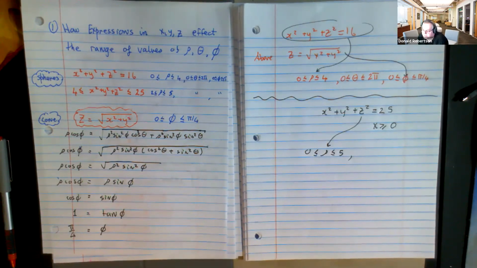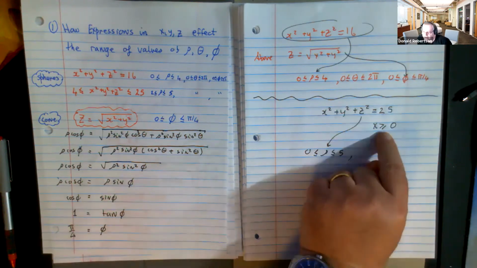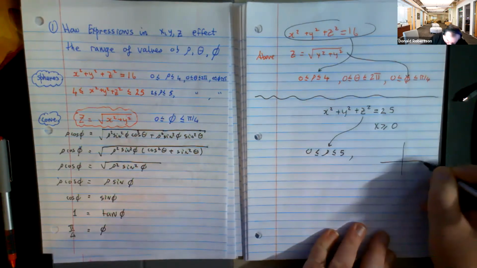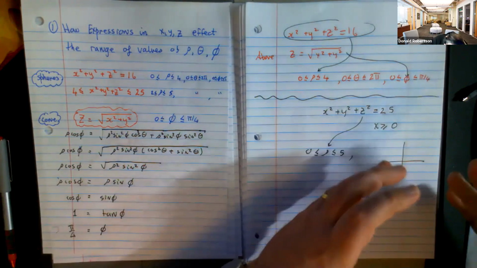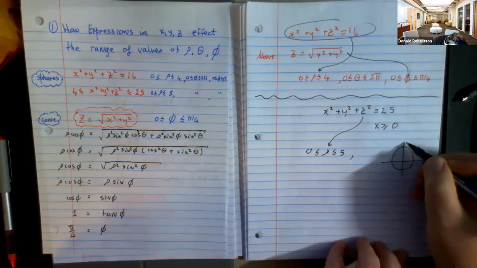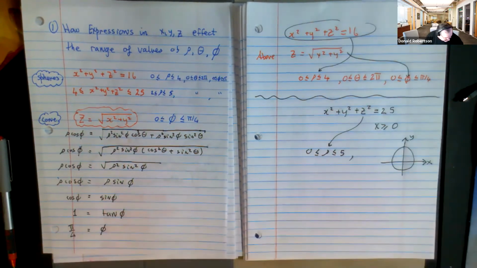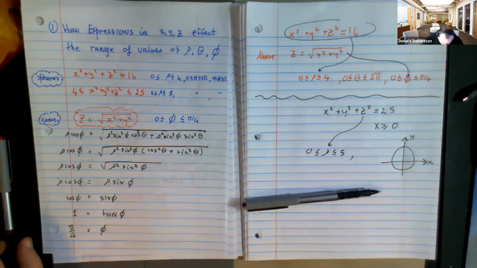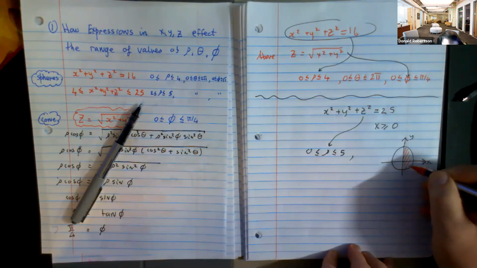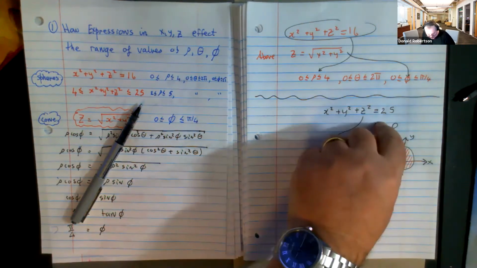Agreed? Now, what's an x greater than or equal to 0? You have to imagine that you're talking about a sphere being dropped down onto the xy plane. But in this world, x is going to be greater than or equal to 0. Do you see that the piece that you get is this fella?